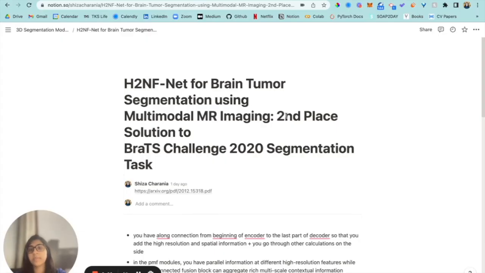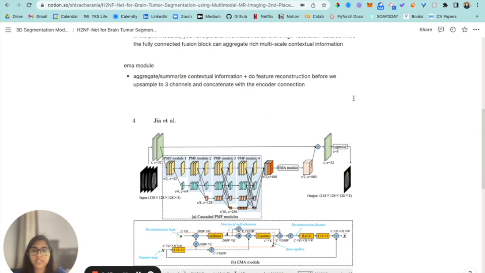The next model paper that I read was the H2NF-Net. The reason why it's called H squared is because this model, the single HNF-Net, is actually repeated 2 times consecutively, which makes it a cascading model. So specific to the HNF-Net, which is the single net, first of all, you have this model over here.